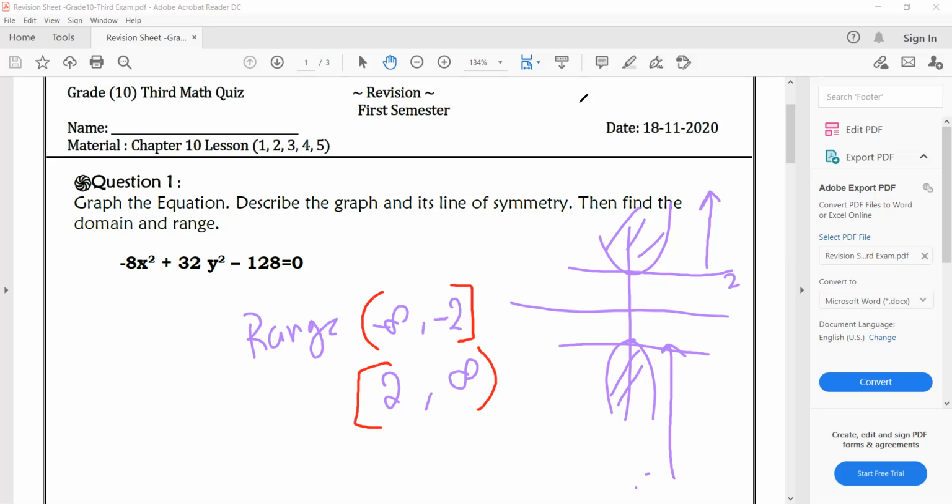Teacher, is this a union or an intersection? Is it like the U that is pointing upwards or the U that's pointing downwards? Here I'm talking about these areas, the one from negative infinity to negative 2 and the other from 2 to infinity.